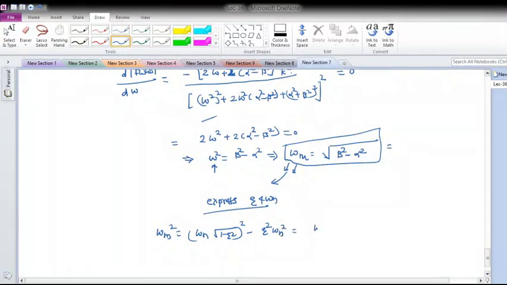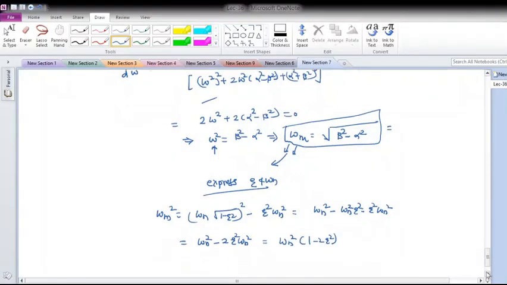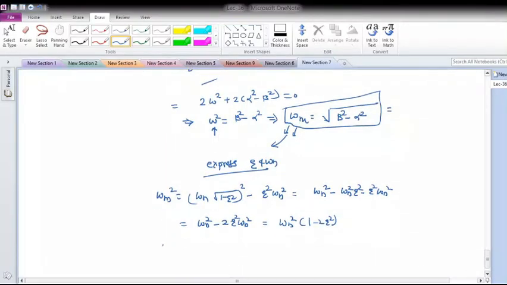So it will be omega n square minus omega n square zeta square minus zeta square omega n square, which I can write as omega n square minus 2 zeta square omega n square, which will be omega n square into the bracket 1 minus 2 zeta square. So this way we can also express the maximum frequency: omega m equals omega n times the root of 1 minus 2 zeta square.